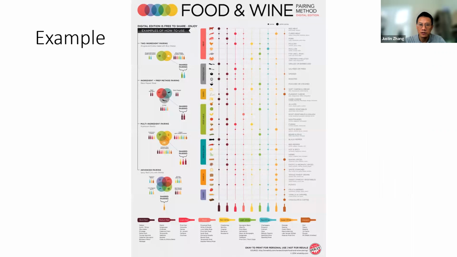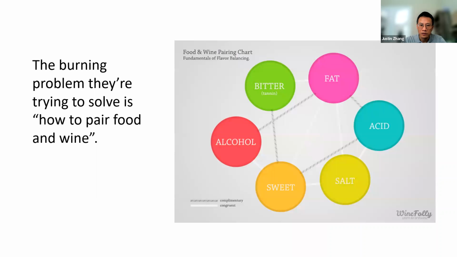For instance, here is an infographic for food and wine. How do we pair food with wine? That's the purpose of this infographic. In order to develop this kind of infographic, we should start with the burning question, which is how to pair food and wine.